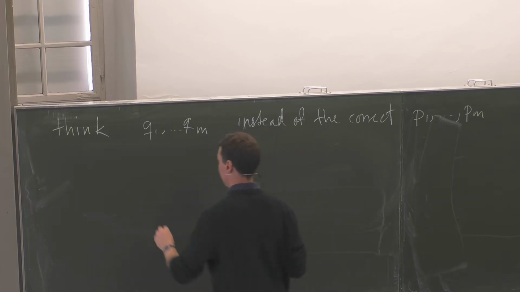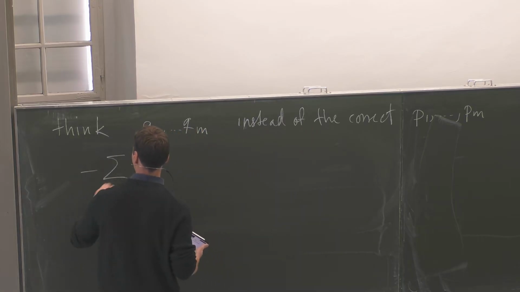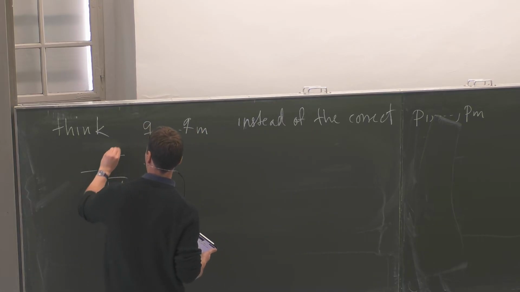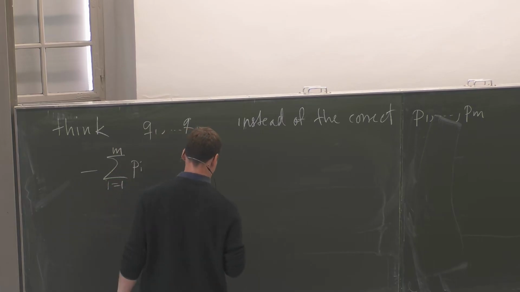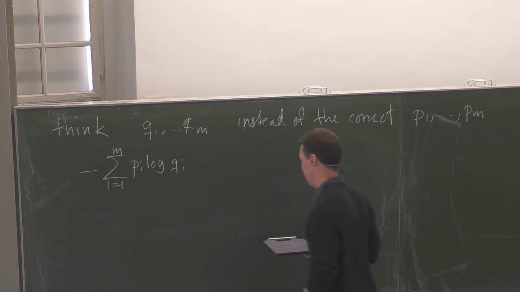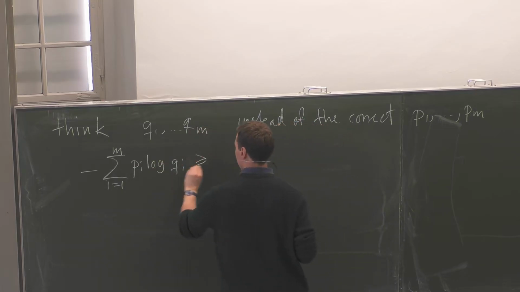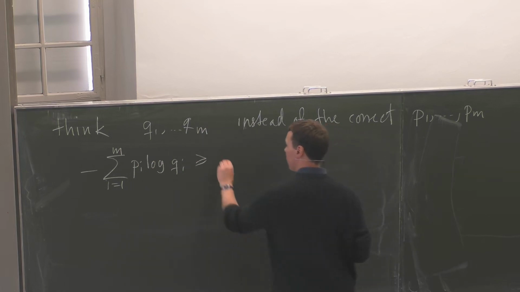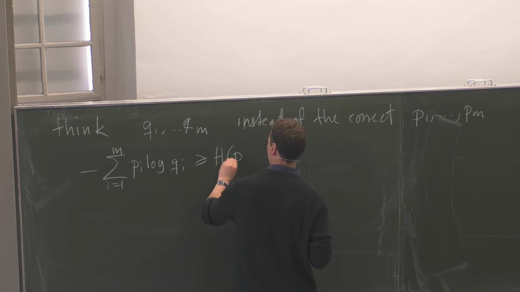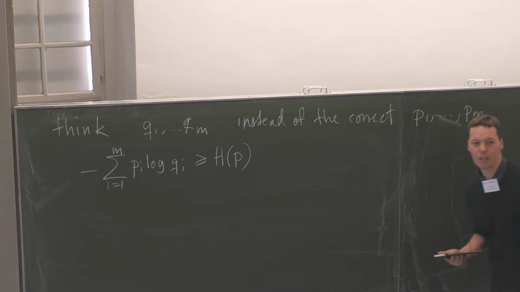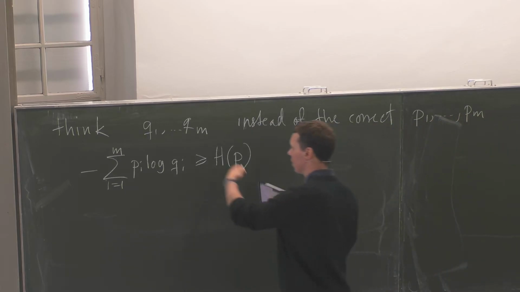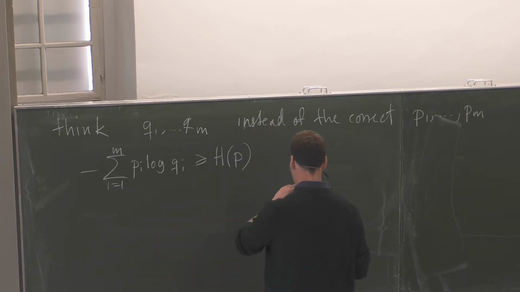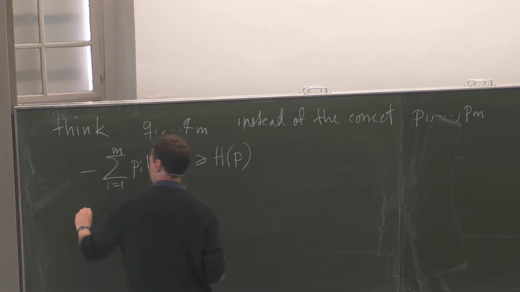And what do I get? I get minus the sum, i goes from 1 to M, of p_i times log of the q_i instead. And you can check, as an exercise, this is always larger than the proper Shannon entropy.